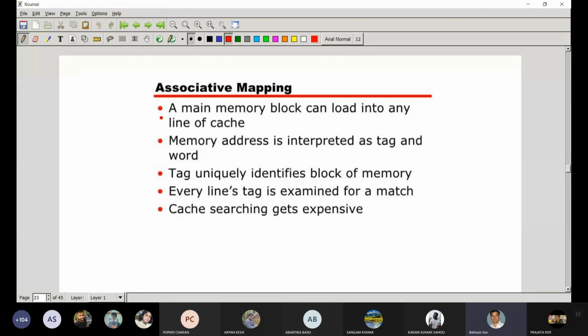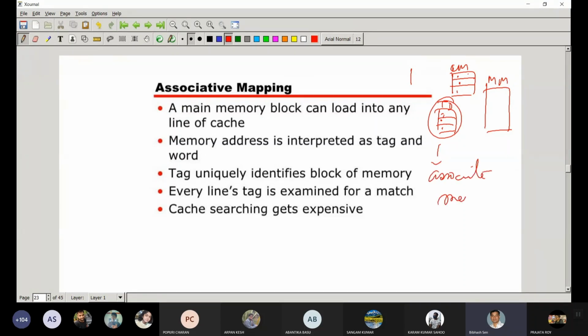Suppose this is the main memory, this is the cache memory, and this is the tag directory. The tag directory contains only those pages which are present in the cache, and it is very fast. It is another associative memory, I'm telling the associative memory, not mapping.